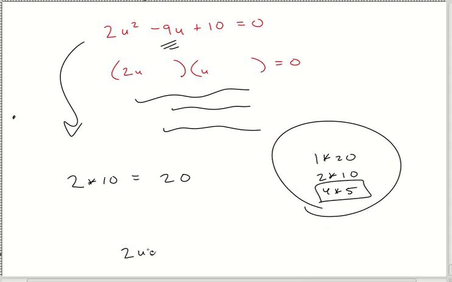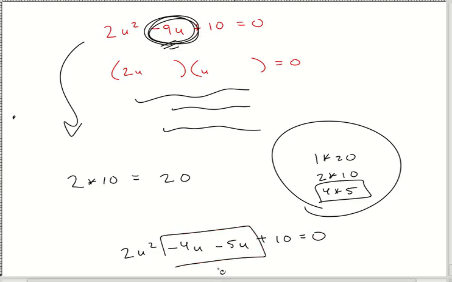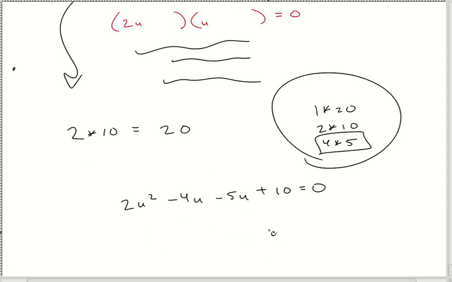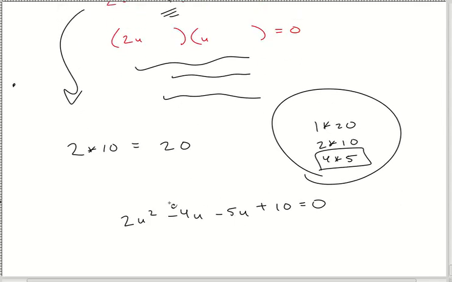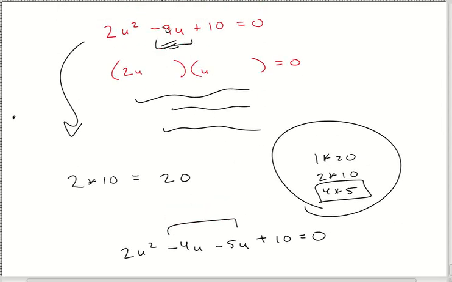So then I got 2u squared minus 4u minus 5u plus 10 is equal to 0. Notice what I did. I took that 9u and made it into these guys. Now, we did this in another section. It shouldn't be too foreign. But the point is that I'm trying to make this the same. This is a 9.